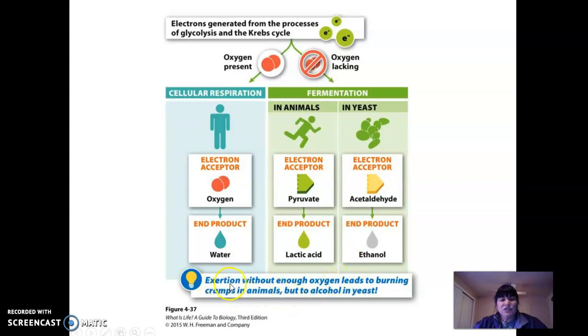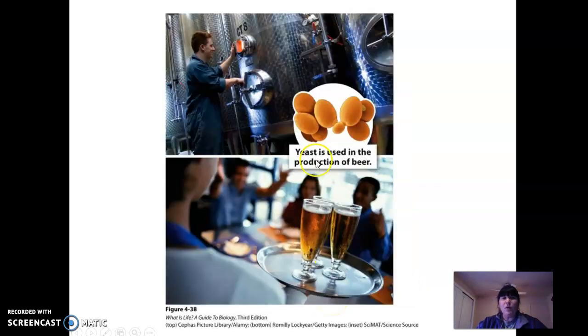So it says exertion without enough oxygen leads to burning. In animals, for us, we make lactic acid and it burns. But with yeast, it makes alcohol. So here, for example, making beer, okay? It's from anaerobic respiration. They're breaking down the sugar in the hops and the barley to make ATP, and the byproduct is alcohol.